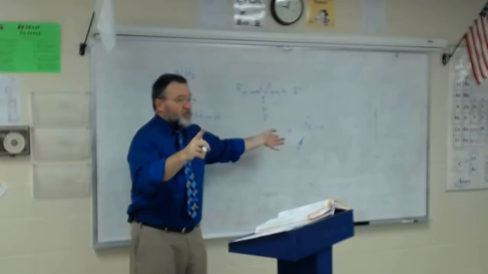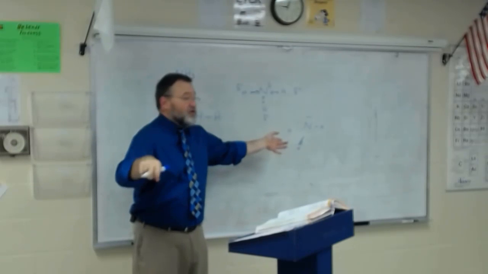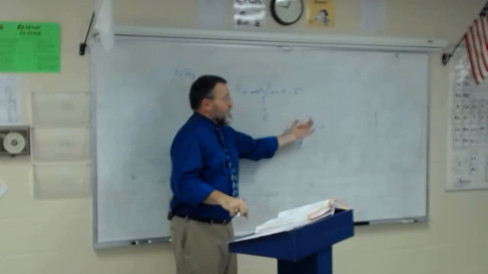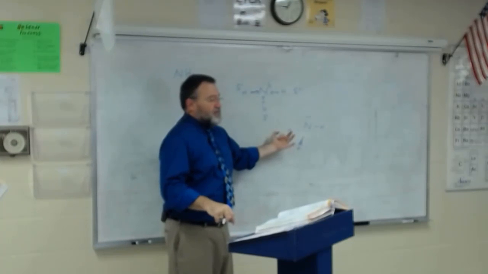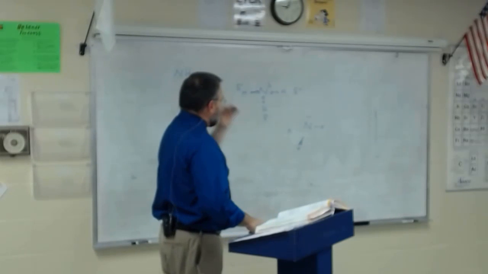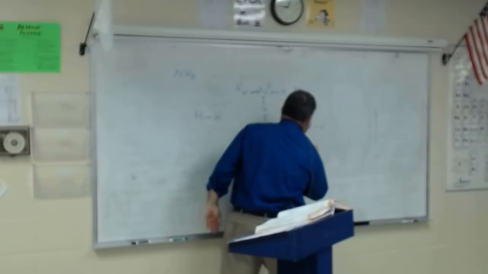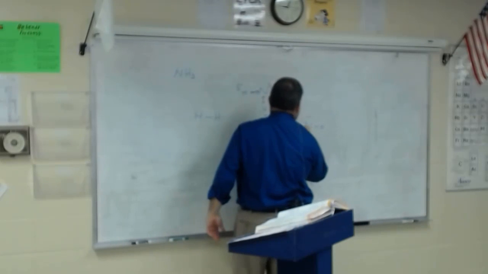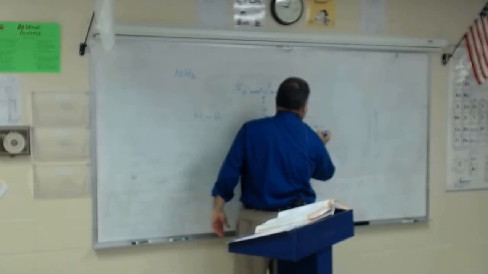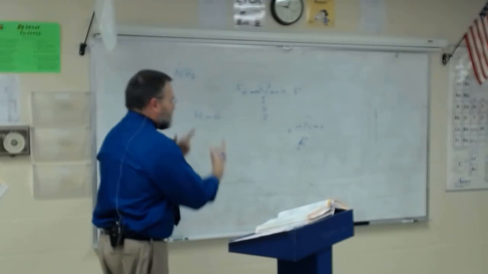My shape is based on a tetrahedral, or tetrahedron, but it's not a tetrahedral. It's a pyramidal, with bond angles of 107 degrees. Good. And my electrons are tending towards, now in this case, you need to draw the symbology, right? My electrons are tending towards the nitrogen.